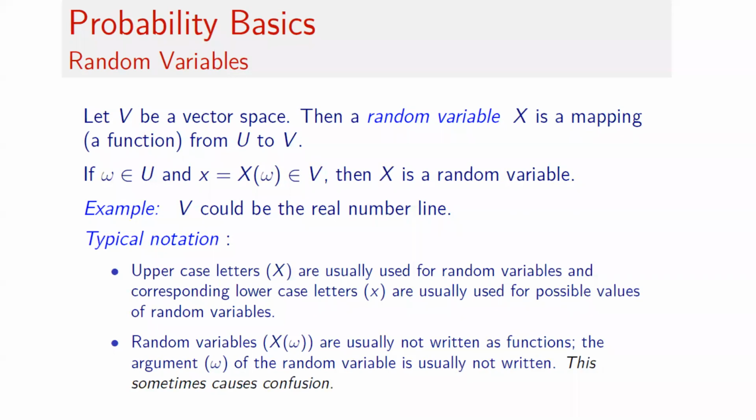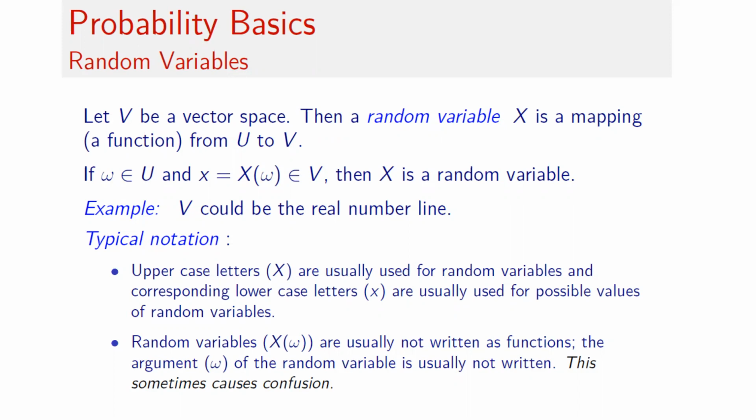How to move or how to change this space to another space that represents more useful information to take into account in our problem? That is the real thing that we can do with the random variable.